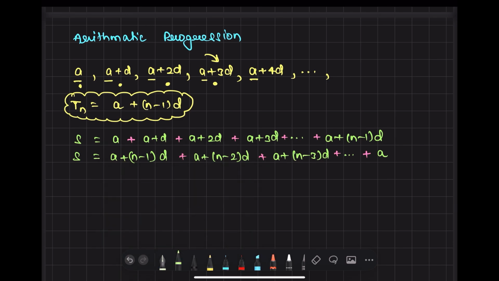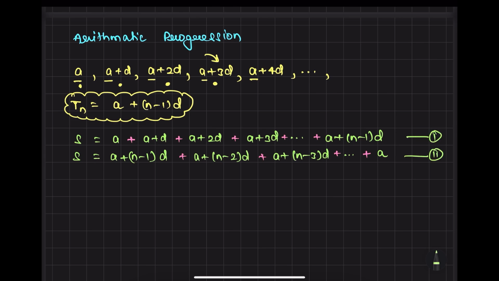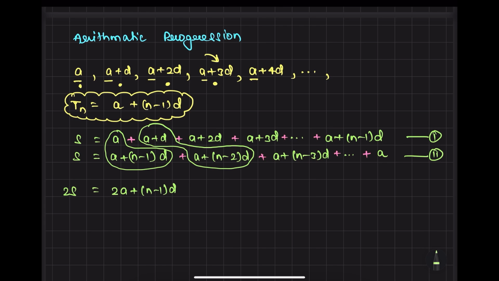Okay, now suppose that we are adding the equation 1 with equation 2. So s plus s will become 2s equals. Now look at this. I will add these two things. So what will happen? You will be having 2a plus n minus 1d. 2a plus n minus 1d. Now try to add these two things. Okay.